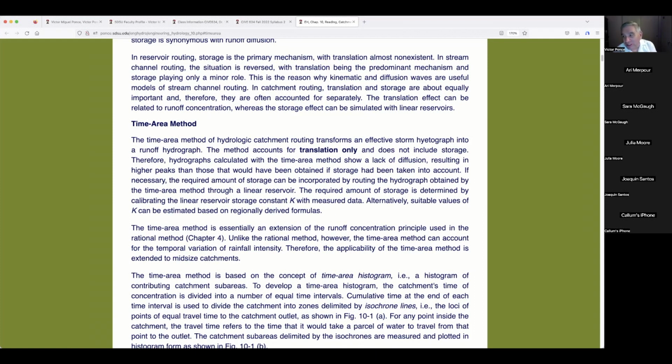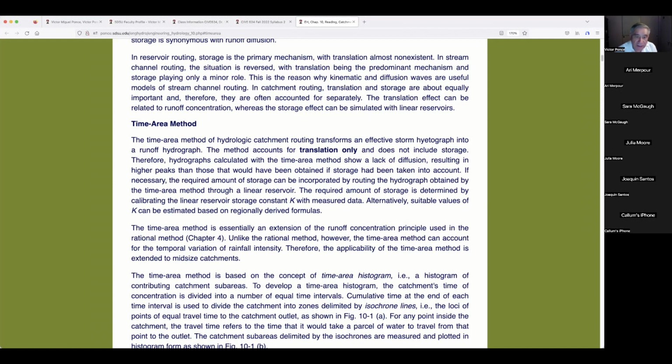Runoff concentration is simulated by the rational method. That's why he called it the rational method, because it was rational. Why? Because the other methods that existed prior to the rational method were irrational, because they were based on empirical parameters, which you could pull out of the air and get a number, and that was not correct.